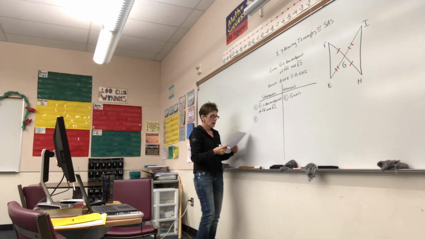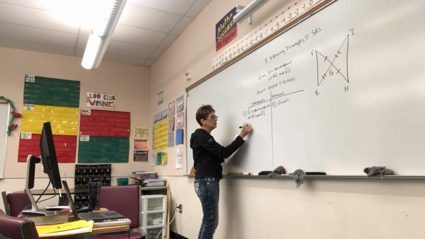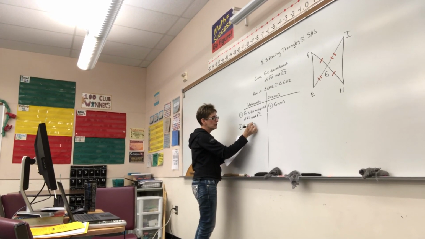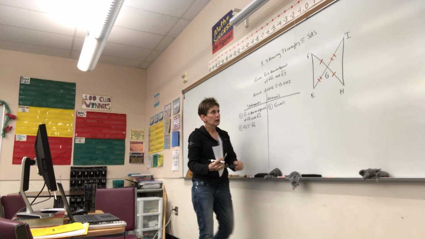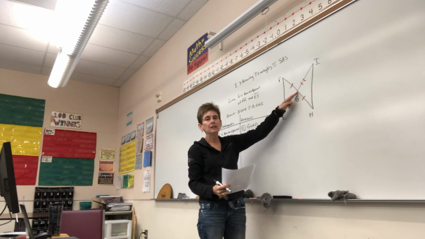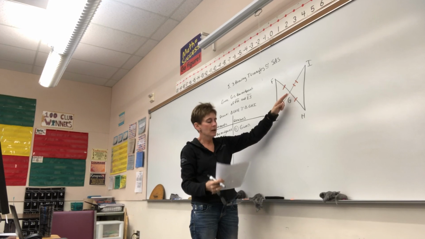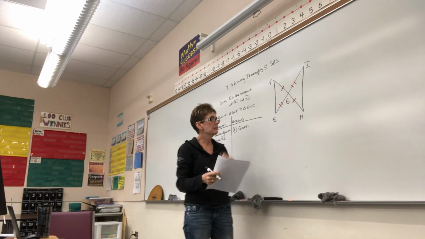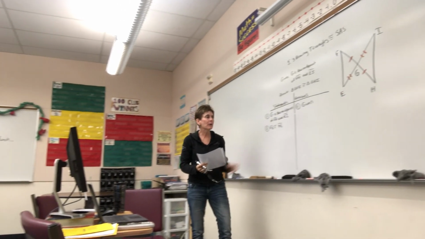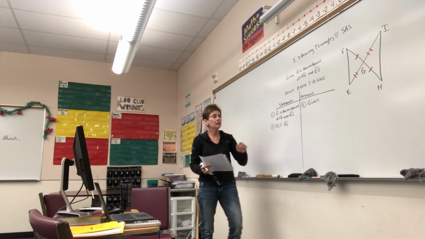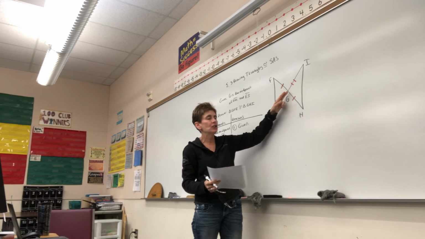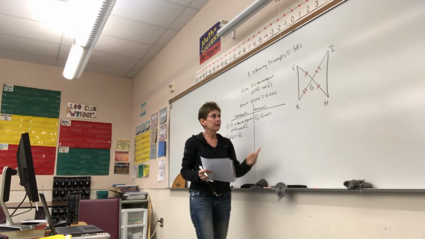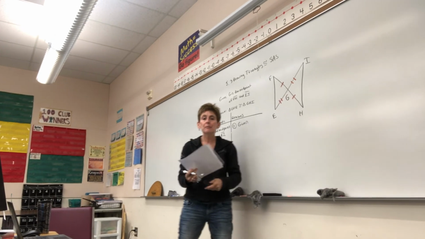All right, now we are going to verbalize formally what we talked about on the board a minute ago. I'm going to write down that FG is congruent to HG. In other words, from F to G is the same length as from H to G. Now, does anyone remember how we knew that? How did we know that the length from F to G was the same as the length from H to G? It was because they told us that G was a midpoint.